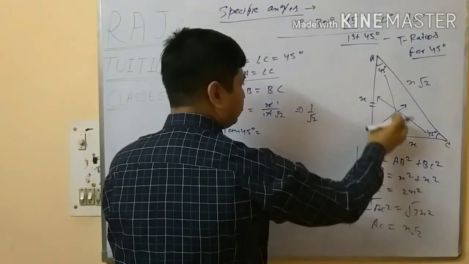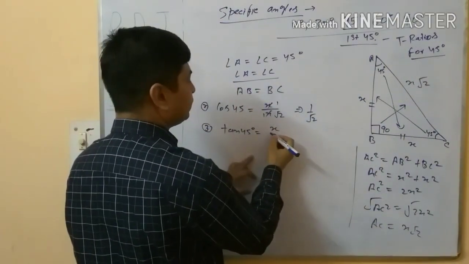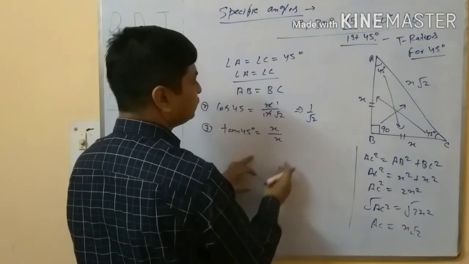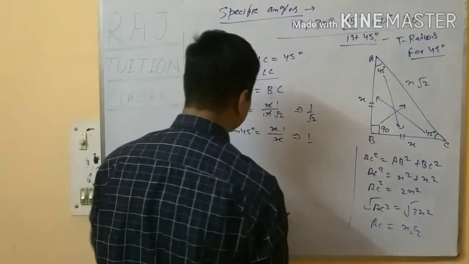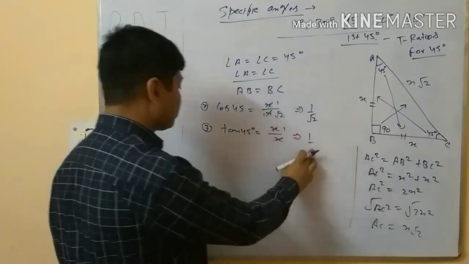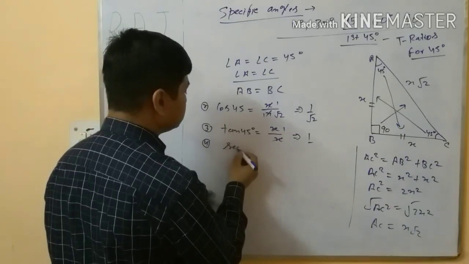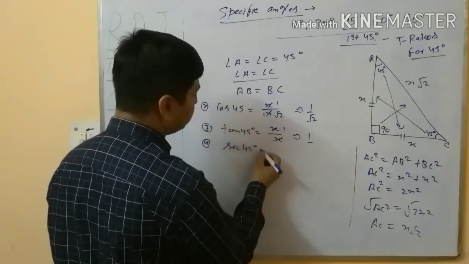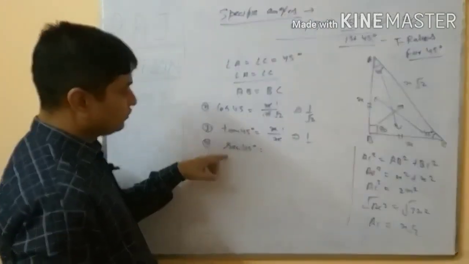Tan 45 is the side opposite to 45 divided by the side adjacent to 45. The side opposite to 45 is x and the side adjacent to 45 is also x. x over x is 1, so tan 45 has a value of 1. The fourth one is sec 45 degree. So what is sec 45? It is the reciprocal of cos 45.